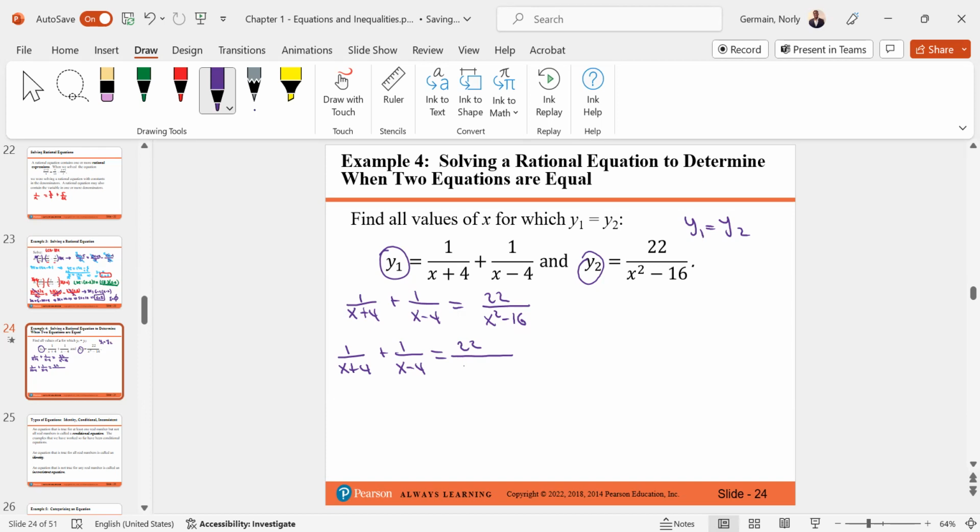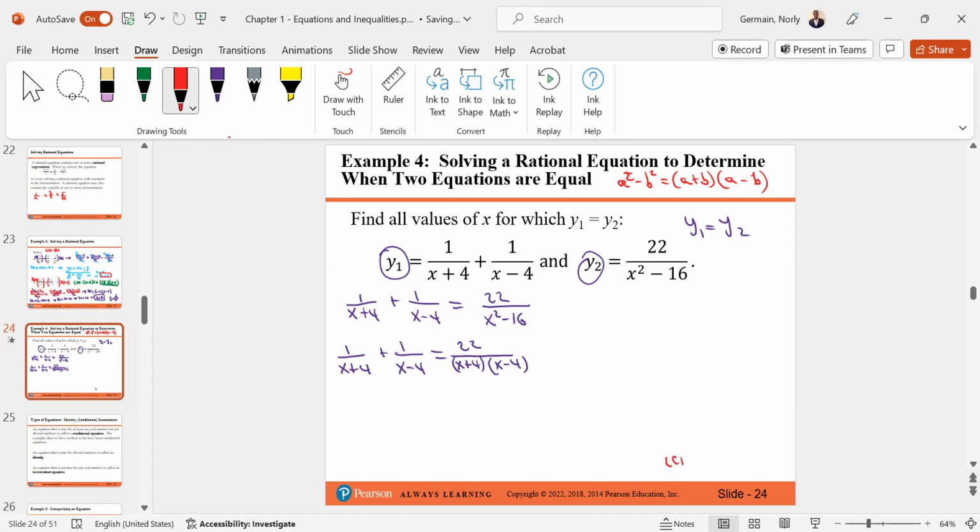When you have a squared minus b squared, it gives you a plus b times a minus b. So it gives us x plus 4 times x minus 4.